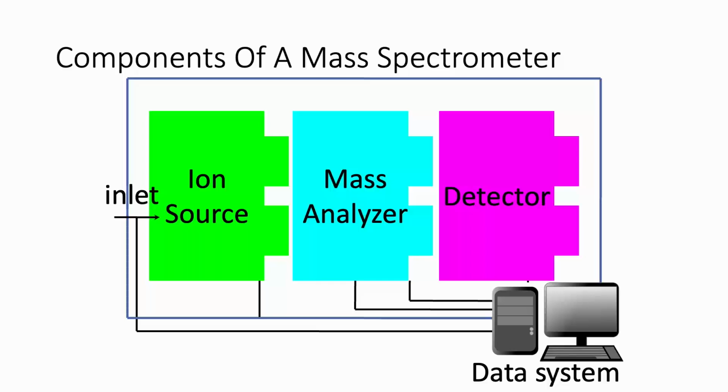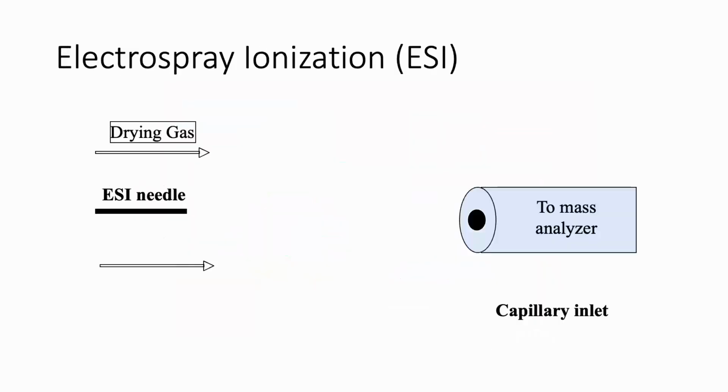All of this is connected within a data system, which is a fancy way of saying that it's connected to a computer. So let's start with the ion source. There's lots of different types of ion sources. I'm just going to talk about one of them, which is called electrospray ionization, or ESI, which is a very common way of transitioning liquid or compounds dissolved into liquid into individual ions.